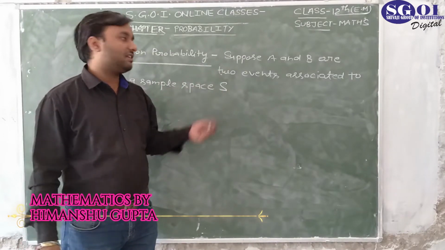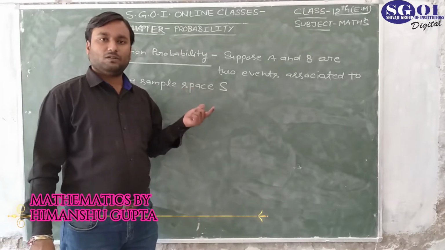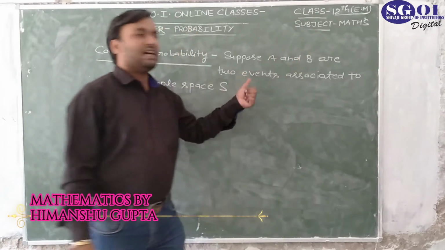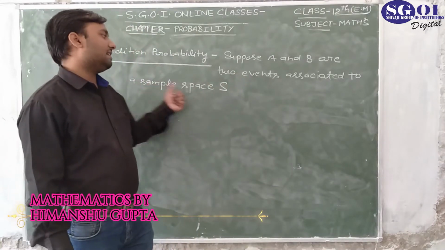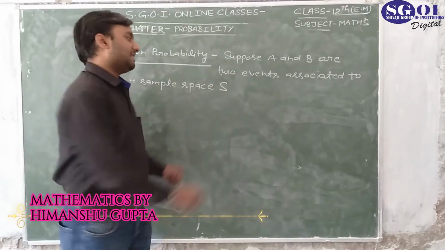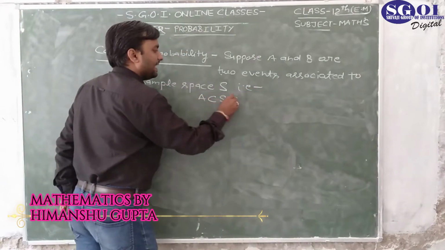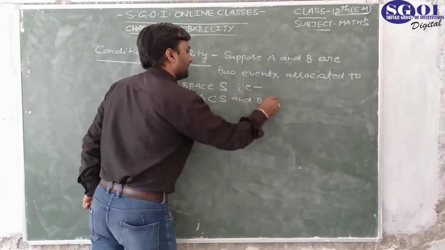Events are the subsets of sample space. You all know about it very well. That is, A is a subset of S and B is a subset of S.